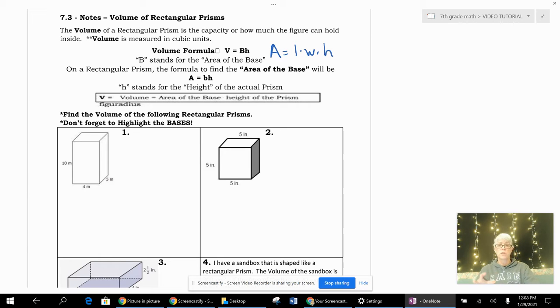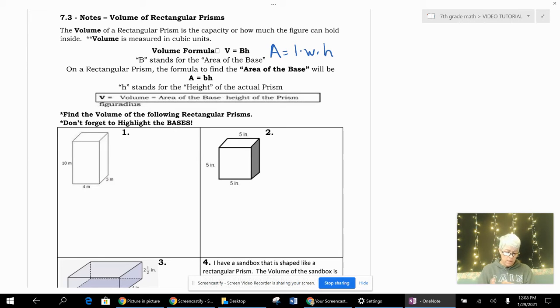This is the first time that we're talking about the area of the base and also the volume formula. Even though it's going to seem unimportant, it is important for future shapes that are more difficult, that we always start with the formula.